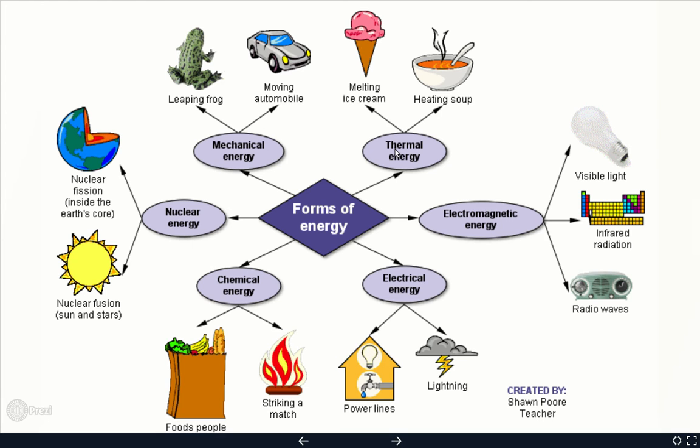Thermal energy in ice cream and heating soup. Electromagnetic energy from all these resources: visible light, infrared, radio waves. Electrical energy, chemical energy, and I think we already mentioned nuclear energy as well.